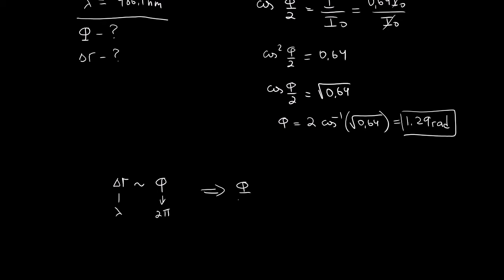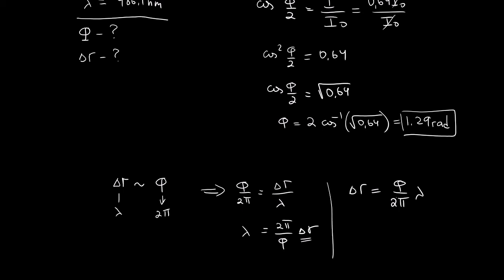Phi over 2 pi equals delta R over lambda. Or rather, we need to find delta R. So delta R equals phi over 2 pi times lambda.